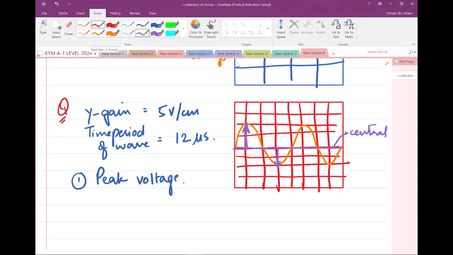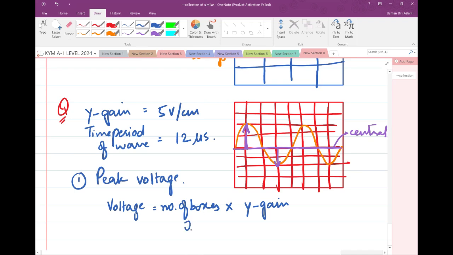For peak voltage, we should remember that peak voltage is equal to the number of boxes multiplied by the Y gain. From the central line, how many boxes deflected vertically upwards? 2. The Y gain given in the question is 5 volts per centimeter.